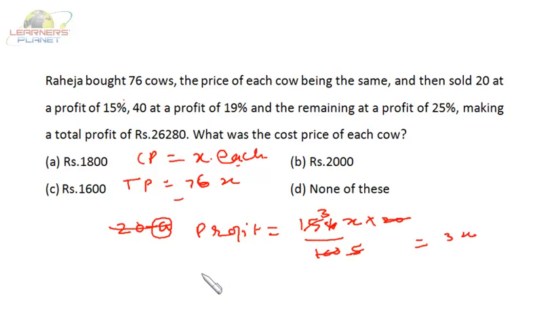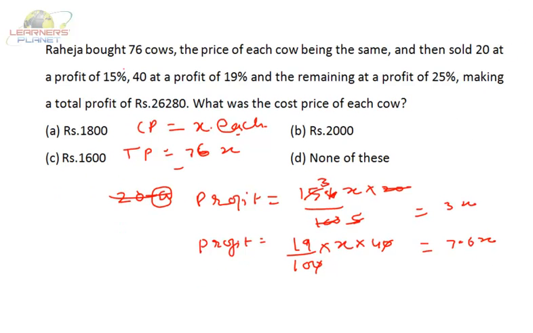Now 40 at a profit of 19%. So profit in this case is 19% of X and number of cows are 40. Then it is 7.6X. Now remaining cows, that is 40 plus 20, 60.